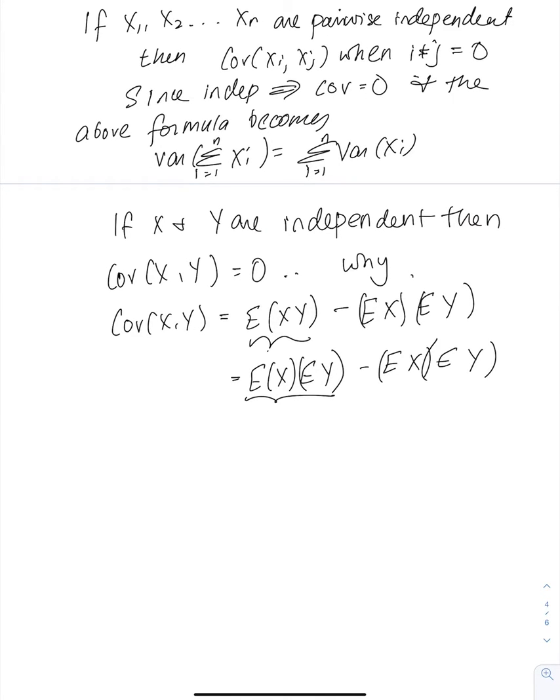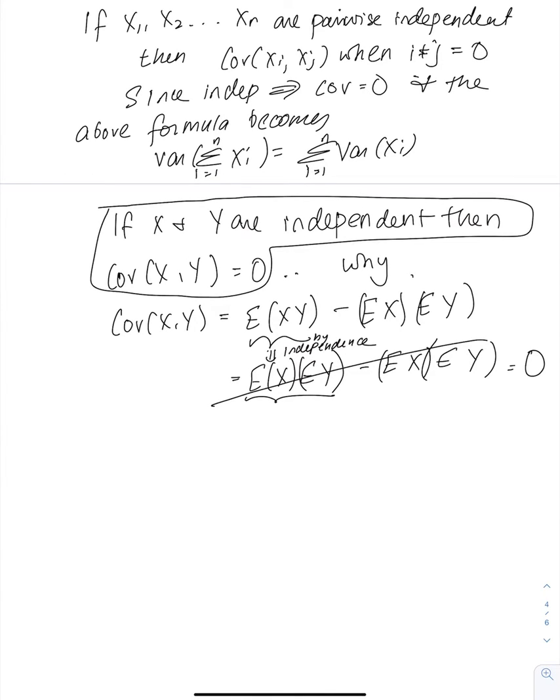So they cancel and you get 0. Okay, so if x and y are independent, then the covariance is 0. So you should remember that.